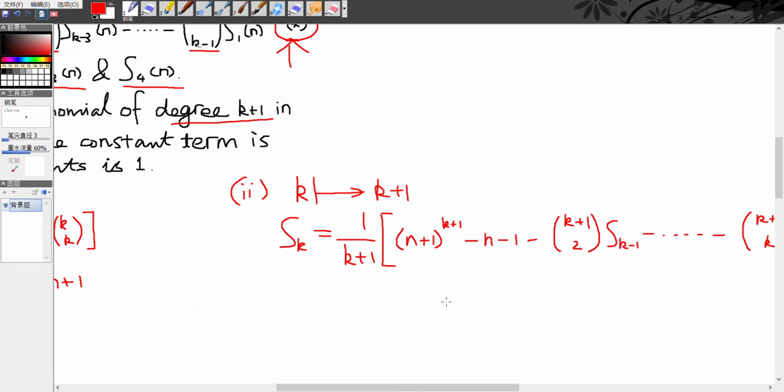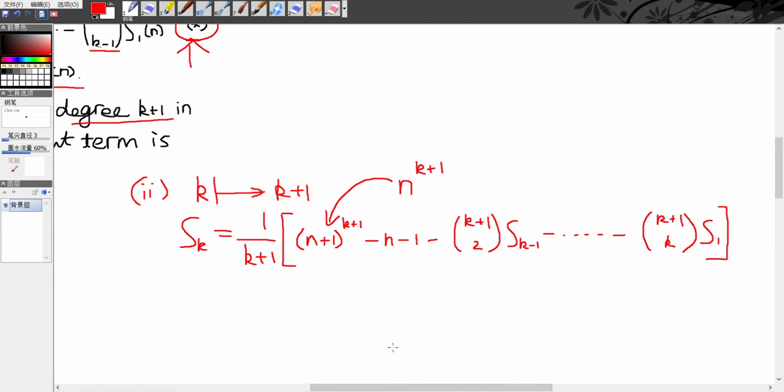So by this expression, we immediately see that the highest term is m to the k plus 1. This is the term with the highest degree.